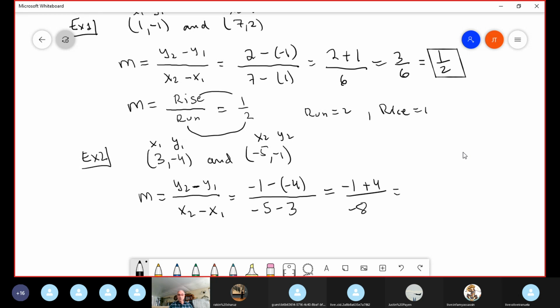So this is 3 over -8. When you have a negative, you put the negative in front, it's more elegant, but it's the same answer. The slope is -3 over 8. In the previous case the slope is positive, the line goes up. In this case, it's negative, the line is going down.